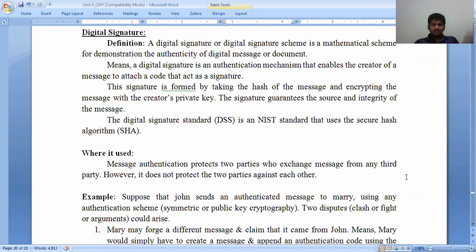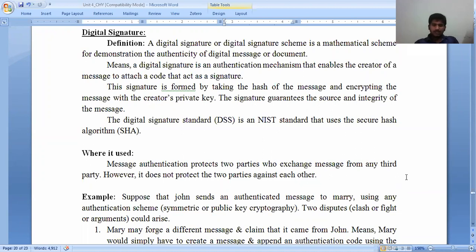This signature is formed by taking a hash of the message and encrypting it with the creator's private key. The signature guarantees the source and integrity of the message.